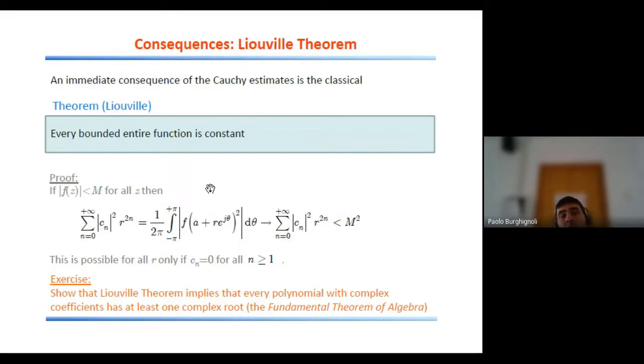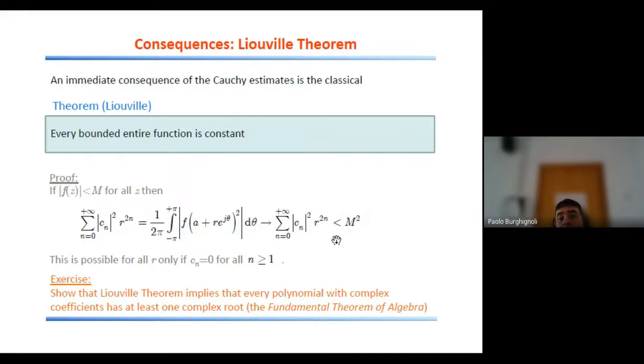The proof is immediate. If we know that the function f is bounded by some constant M for all z, then what we said about the Parseval theorem holds for any circle of any radius r. So in this case, you can estimate the integral in the Parseval relation with the constant M squared, because the function f in absolute value is never larger than M. So you can replace the absolute value of the function f with its upper bound, M, and you take it outside the integral, and then the integral is equal to 2 pi, so you get M squared.